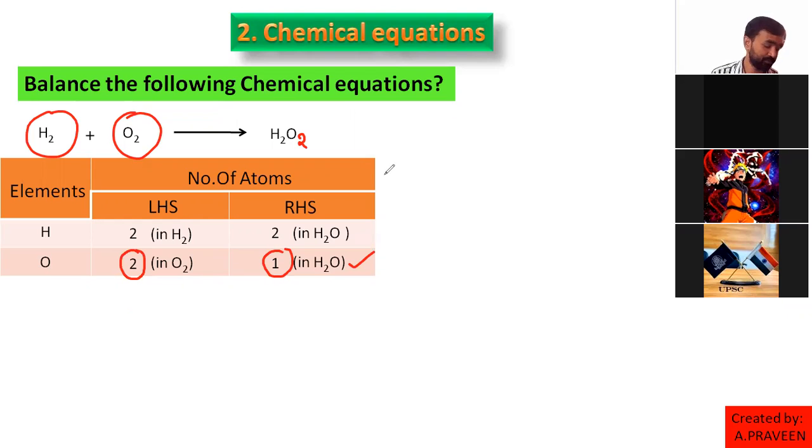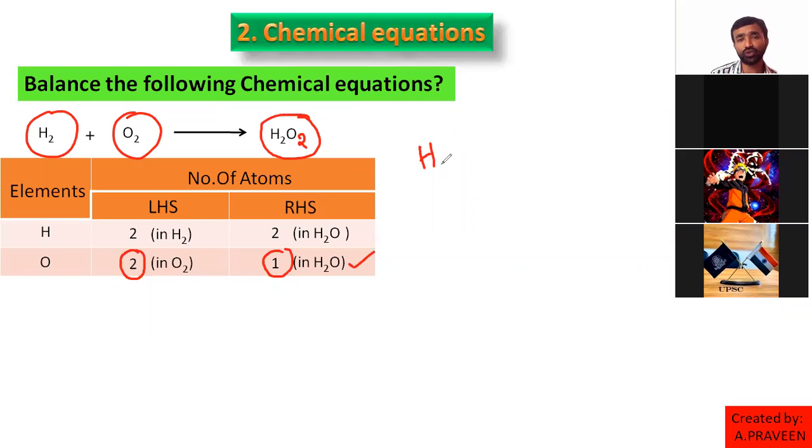What's the problem? I balanced it like this. So we can't add the atoms. What happens if I add? It forms another chemical formula.